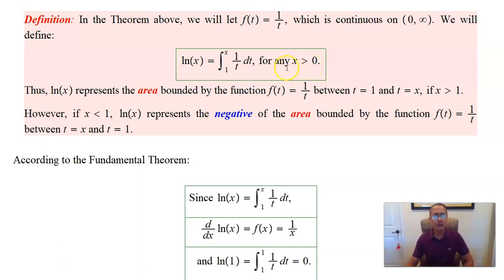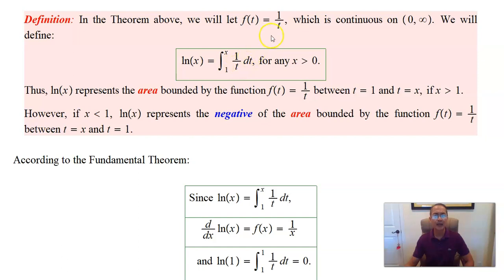So remember what the definite integral means. It is often interpreted as an area. But to be an area, we need to do a couple of things. First of all, we should be going left to right. So let's look at the case when x is bigger than 1.